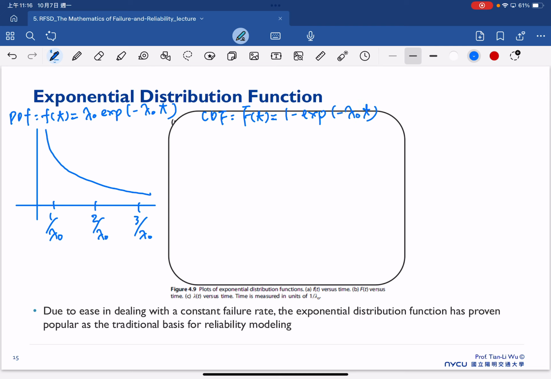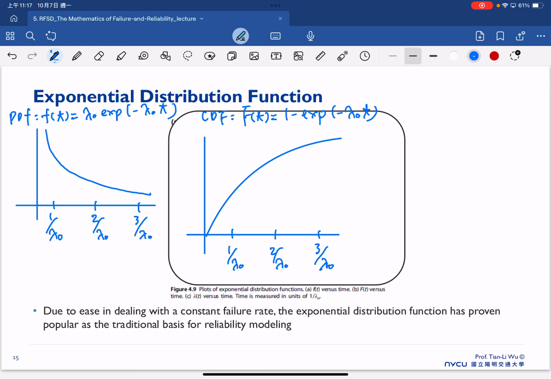So basically it's similar to 1 minus the exponential decay. In the end, this graph will be similar to here, where this is 1 over lambda 0, 2 over lambda 0, and 3 over lambda 0 here.